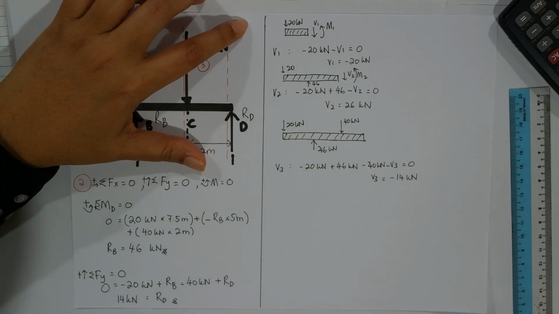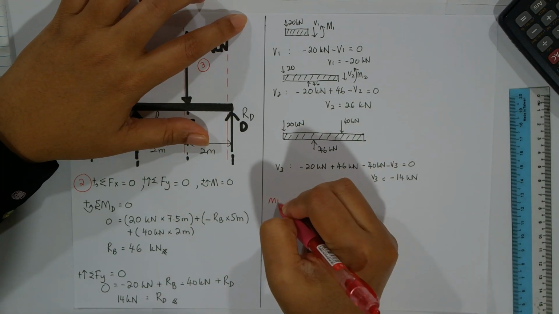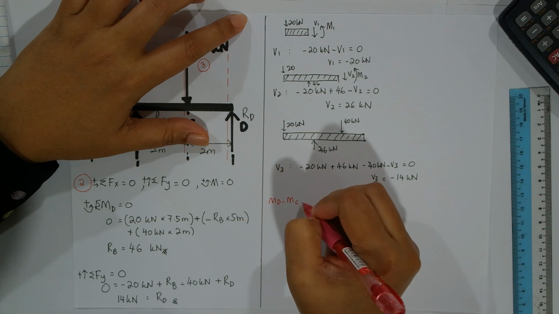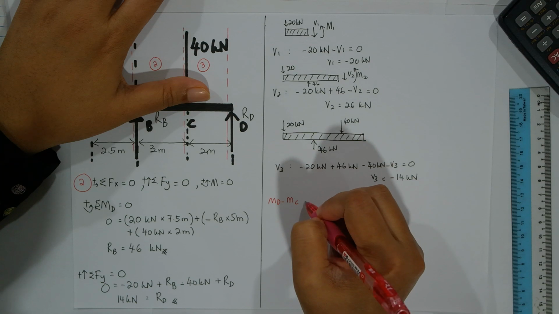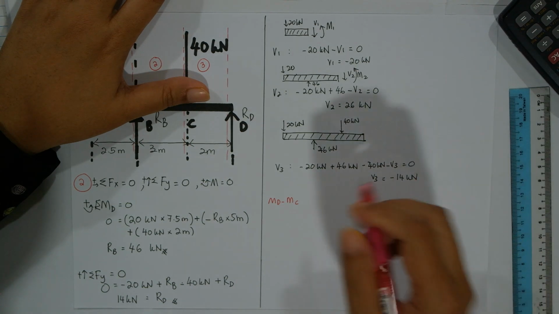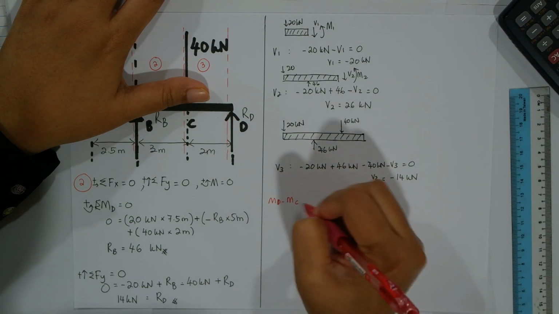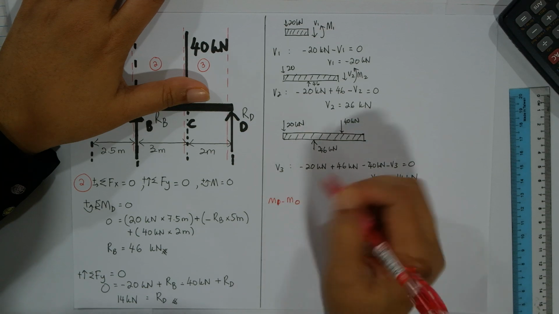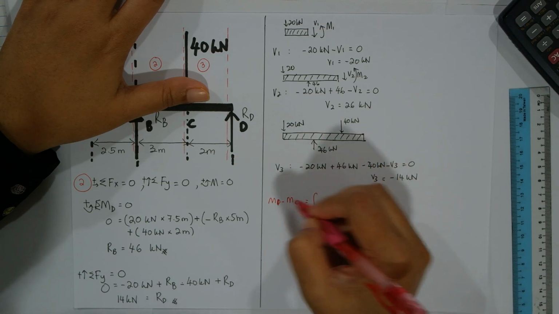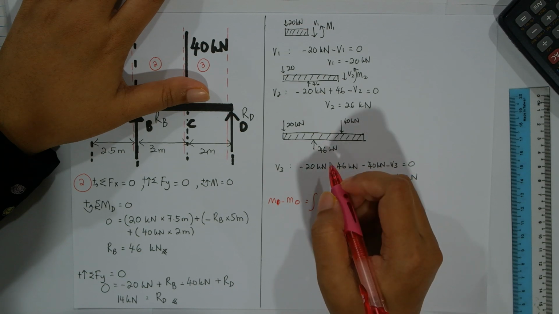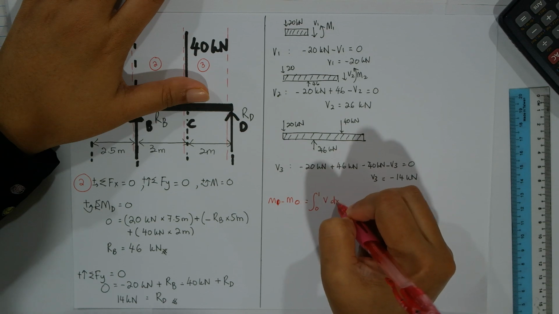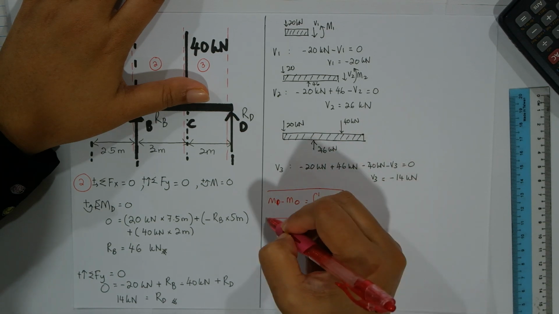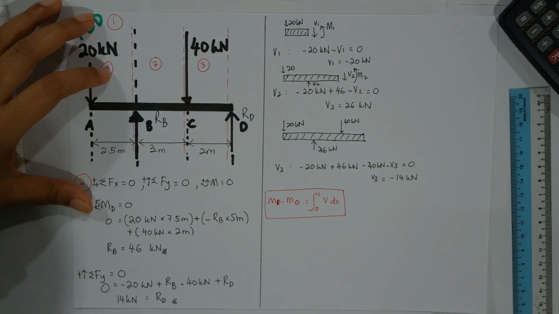Okay, so we are going to employ this equation to find the bending moment: M at x1 minus M at x0 equals the integral from x0 to x1 of V dx. We are going to employ this method to get the moment of each section.